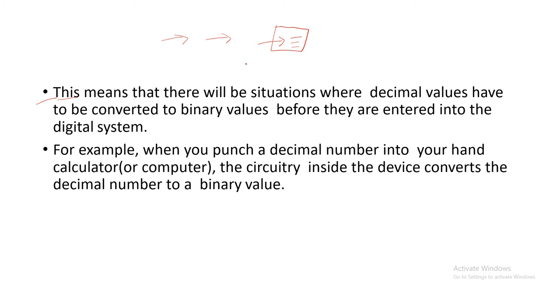So the decimal number needs to be converted into binary. When you punch a decimal number into your hand calculator or computer, the circuitry inside the device converts the decimal number to a binary value because it does not recognize decimal numbers. It has to convert it into binary. After that, it can perform the various calculations.